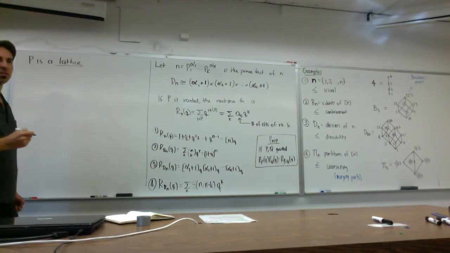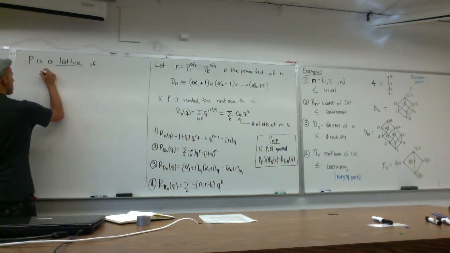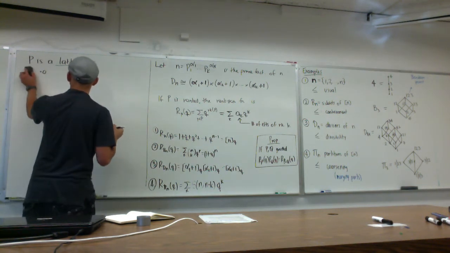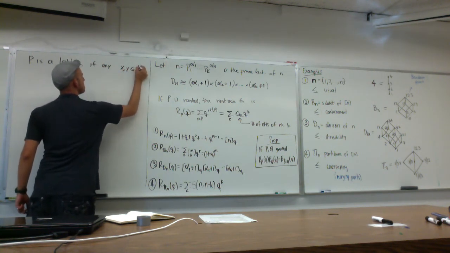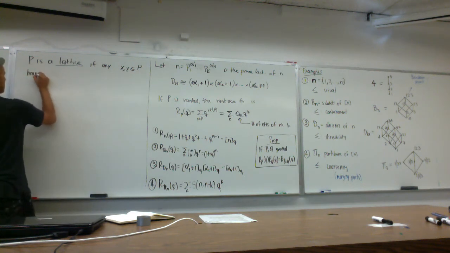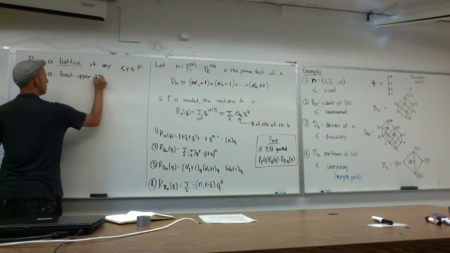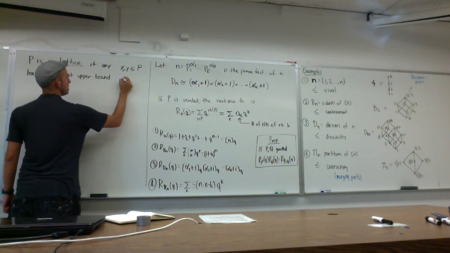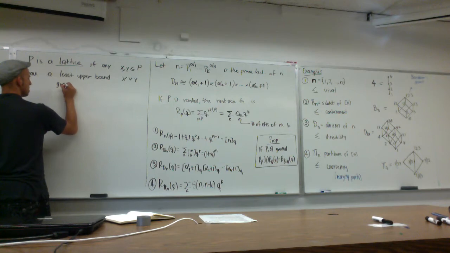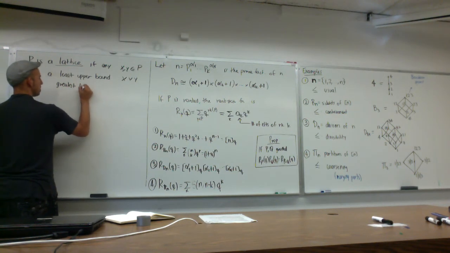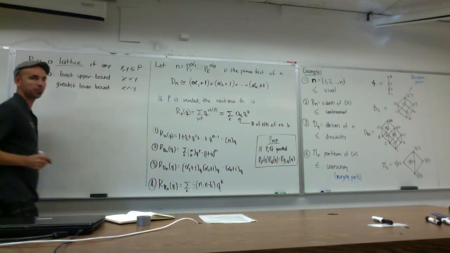A poset is called a lattice if any elements x and y have a least upper bound, which is denoted like this, and a greatest lower bound, which is denoted like this.